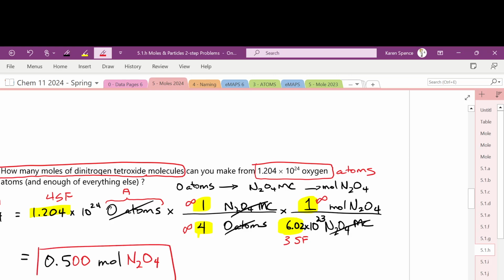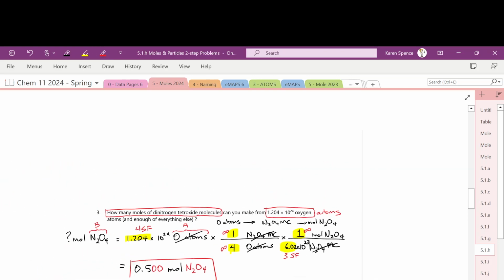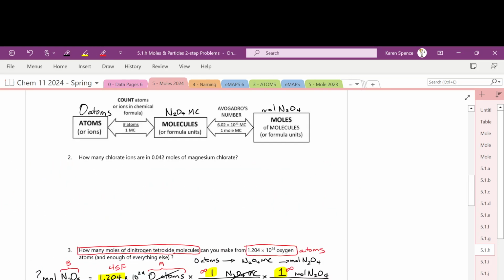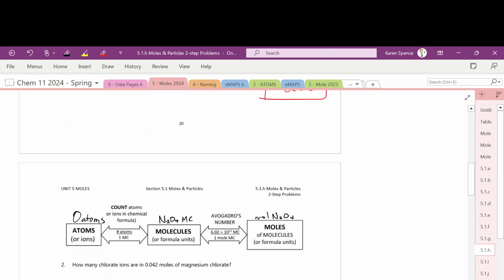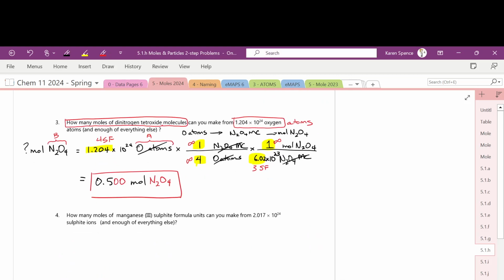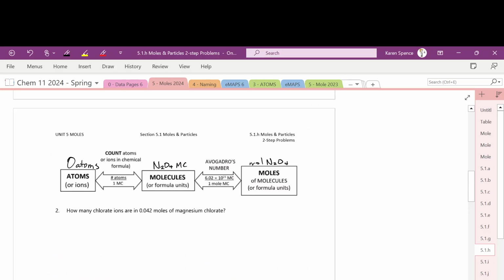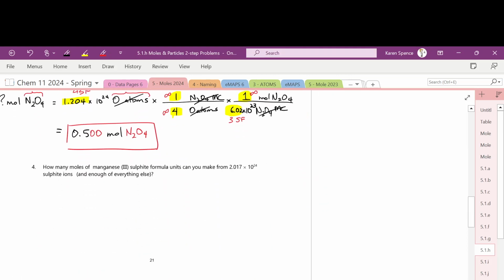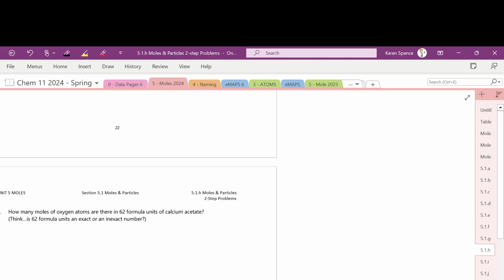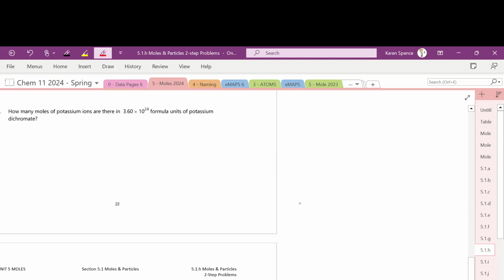Is that good? Okay, you guys are going to practice these. And in about 20 minutes, I'm going to interrupt you and make sure you can do something new. So just start working through pages 21, 22, and 23.